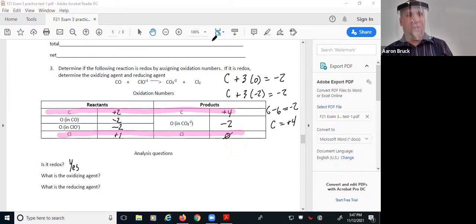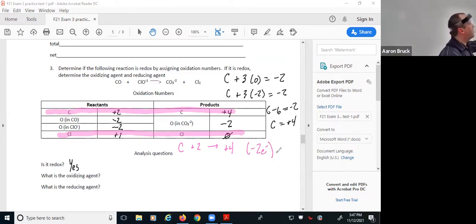Specifically, carbon has gone from +2 to +4, which means it has lost 2 electrons. How would we describe the process going on inside of the carbon? Would this be oxidation or would this be reduction?